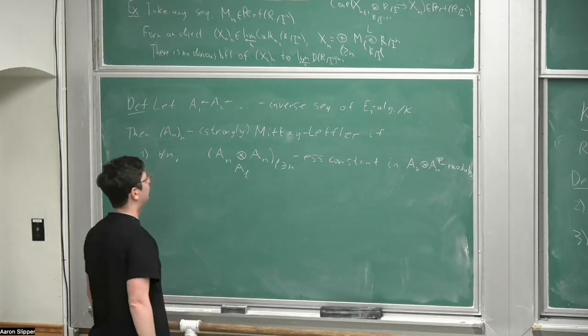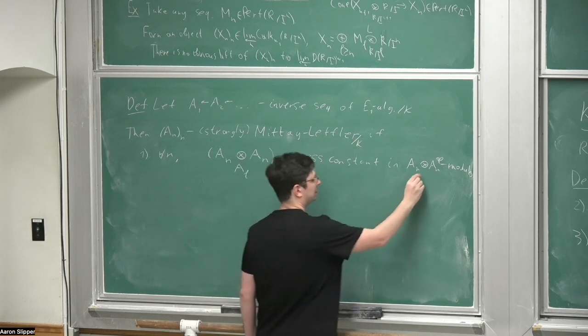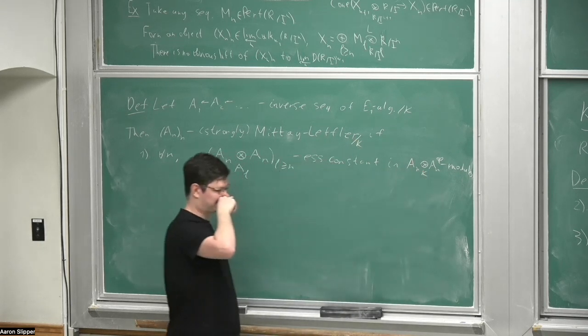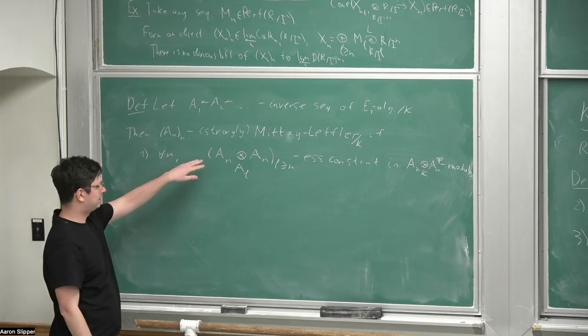More precisely, this is the relative Mittag-Leffler property over the base K. This tensor product is over K.